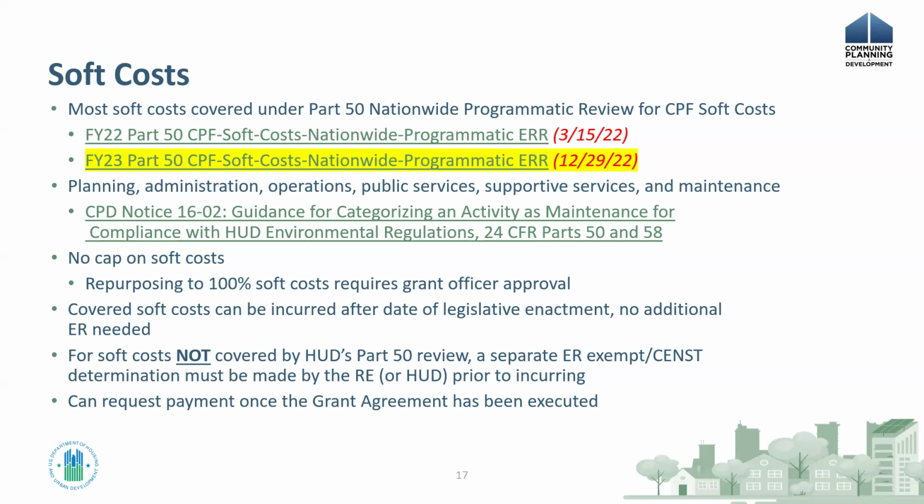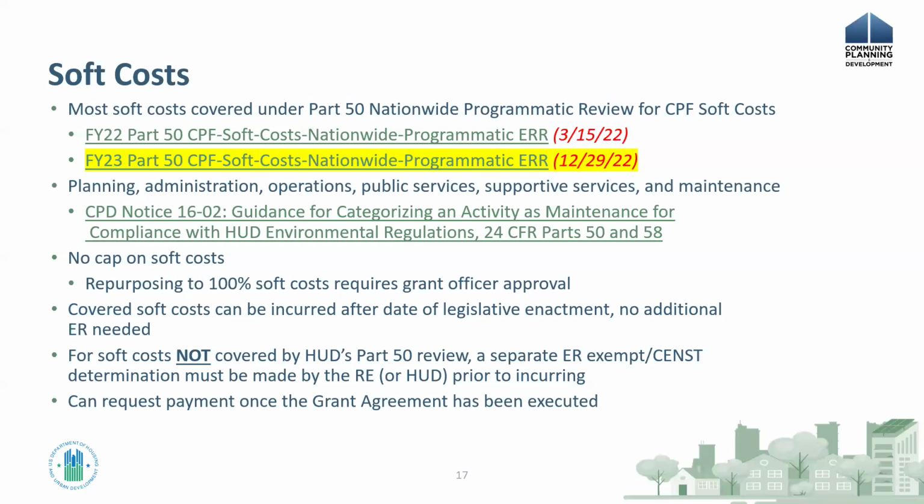I mentioned a couple of times that it does cover most soft costs, but not all. And there are some soft costs that are not covered. If you have those soft costs in your project that are not covered by HUD's Part 50 review, you will need to complete a separate exempt or a CENST determination, an environmental review determination, by the responsible entity or by HUD prior to incurring those costs, before you start incurring those non-covered soft costs.